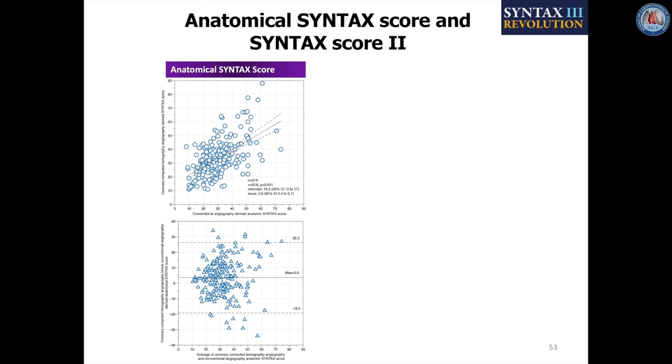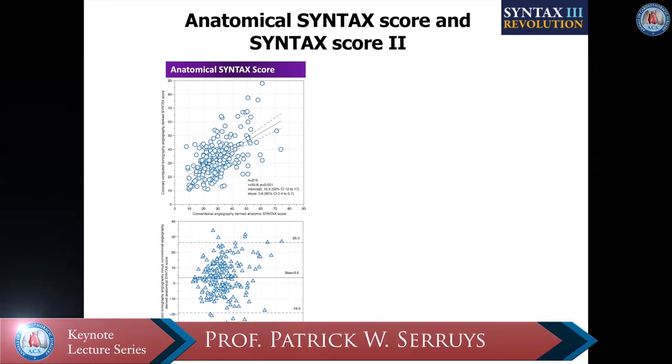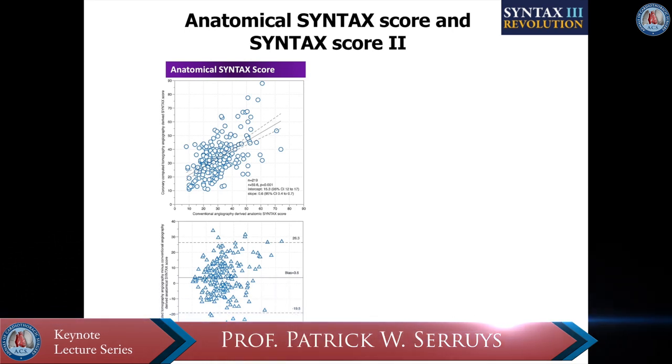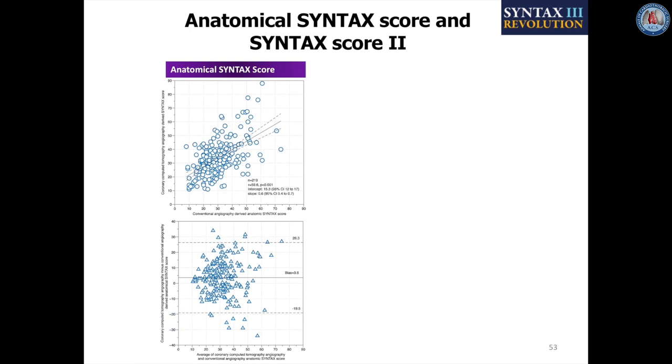It shows on the right-hand side the anatomical SYNTAX score. On the vertical axis, you have the anatomical SYNTAX score derived from multi-slice CT scan, and on the horizontal axis, you have the anatomical SYNTAX score derived from conventional cine angiography.